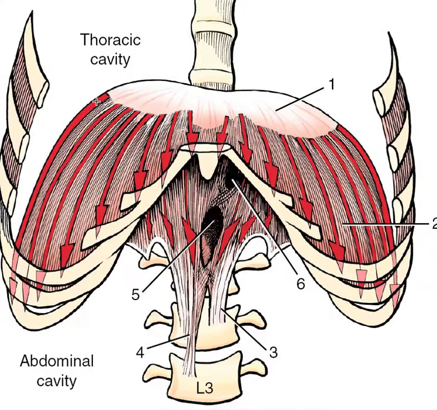So if the abdominal contents move and the dome, this central tendon, which is labeled 1 in this picture, descends and the abdomen flattens, we have a change in vertical dimension of the thoracic cavity of around 6 to 7 centimeters.